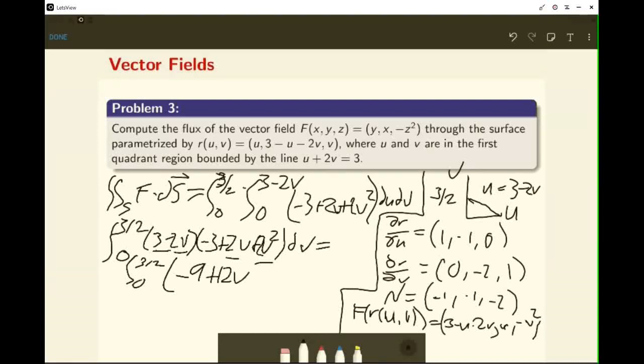So plus 6 and minus 4 gives us a total of 2v squared terms in the end. And then for v cubed, we're going to get a minus 4v cubed.